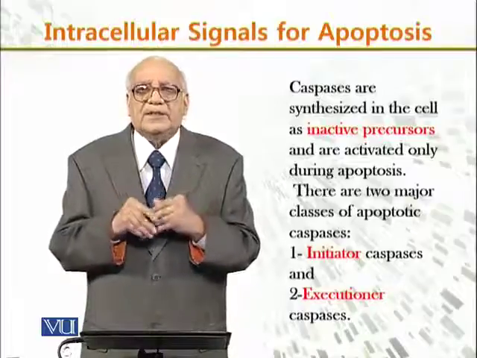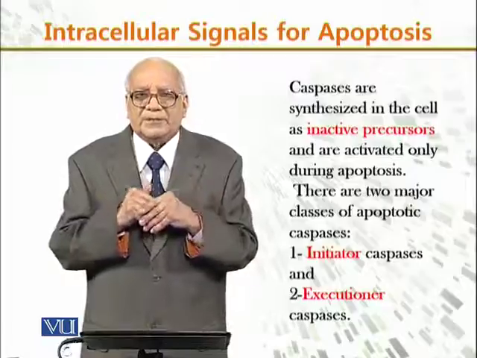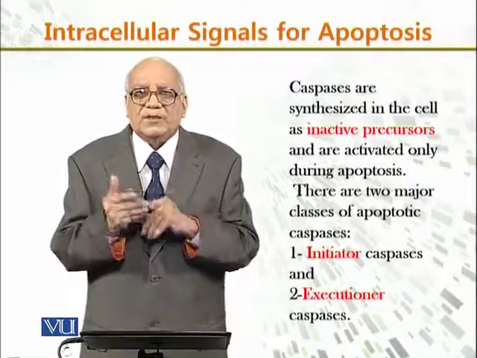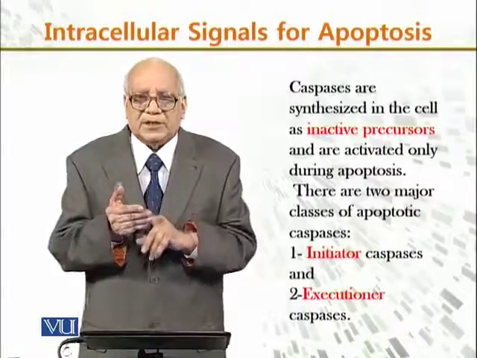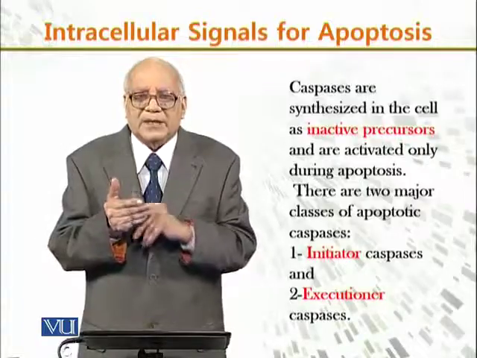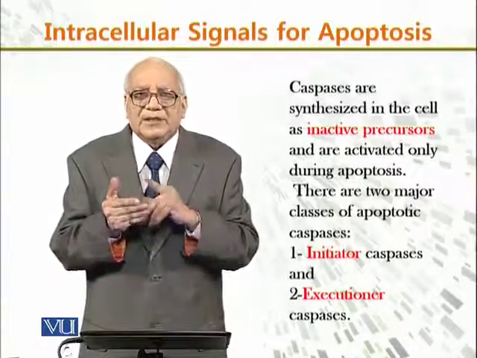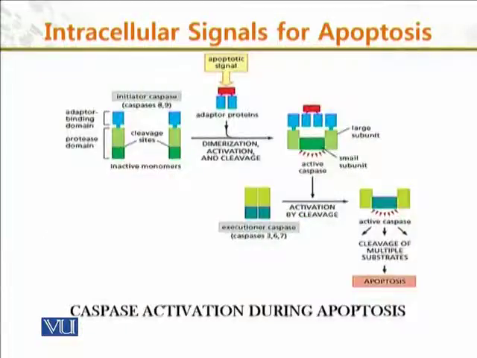There are two major classes of apoptotic caspases. One is initiator, and the second is executioner caspases. The initiators are the enzymes that, as the name implies, initiate the process.